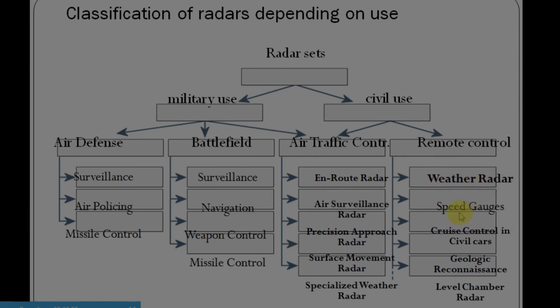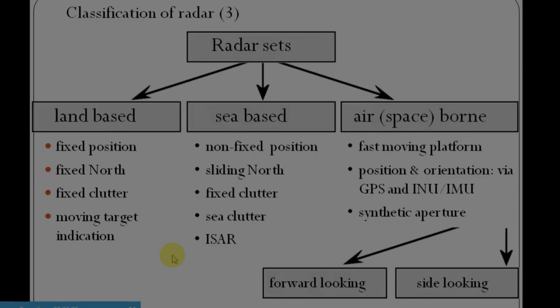We get the data from the weather radar regarding our atmosphere and day-to-day weather. Some police also use speed gauge radars to calculate our car speed. Mostly surveillance, air police, and missile control radars are very high and critical. These radars are not even available in any videos.